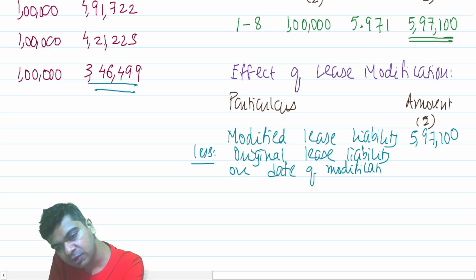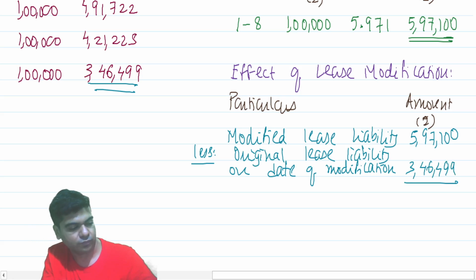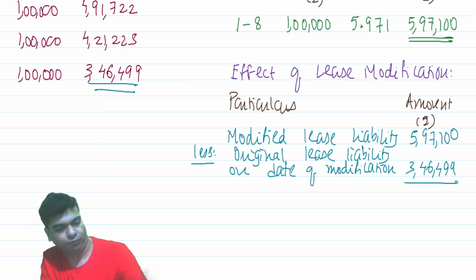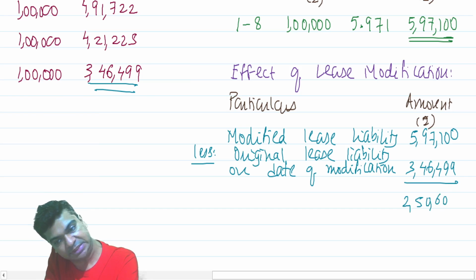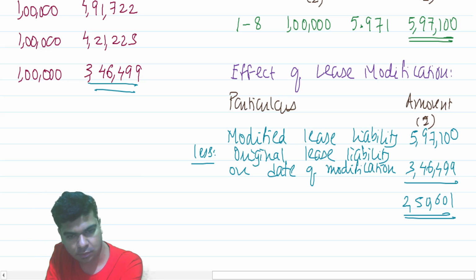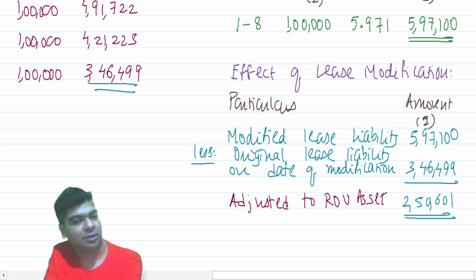Both of them are on the date of the modification, isn't it? 3,46,499. 2,50,601. We'll say adjusted to ROU asset.